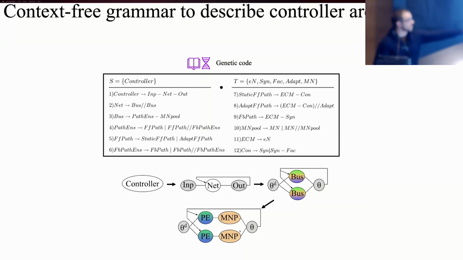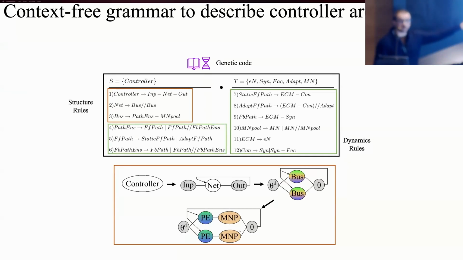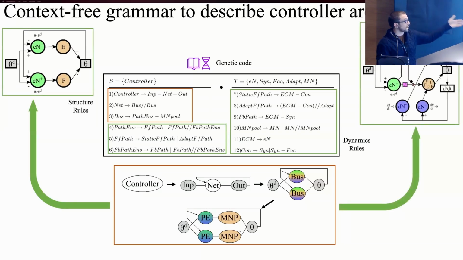This general structure, defined by this first set of rules, can be extended further by the remaining rules in our grammar that provide different motion dynamics and can enrich the computation. So with this grammar doing its job in the background, we can generate the simplest controller architecture that you can see here, which is equivalent to a P-control, if somebody is more familiar with control theory. And it can also generate the most complicated controller that we showed before, which has a smooth initiation and deceleration of the movements.